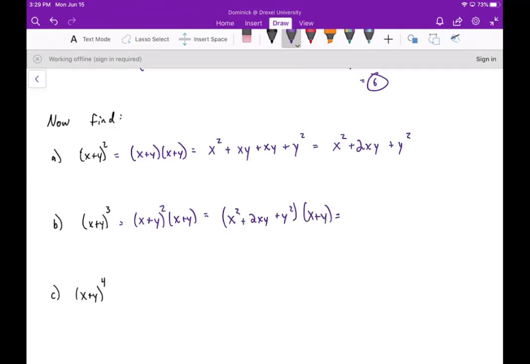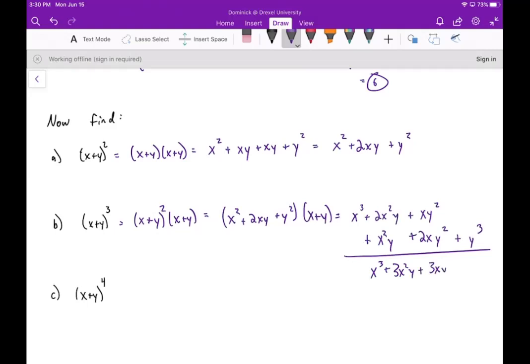So if we multiply this out, we're going to get x to the third plus 2x squared y plus xy squared, and then plus x squared y, and then plus 2xy squared, and then plus y to the third. If we add these together, we're going to get x to the third plus 3x squared y plus 3xy squared plus y to the third.